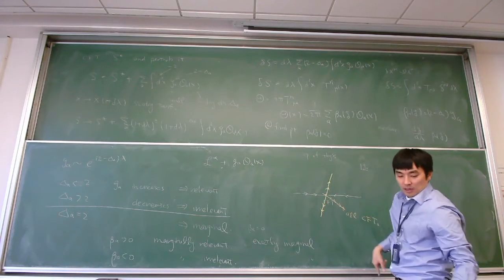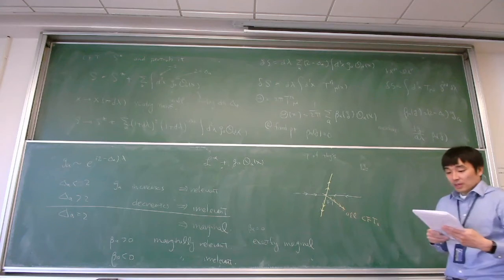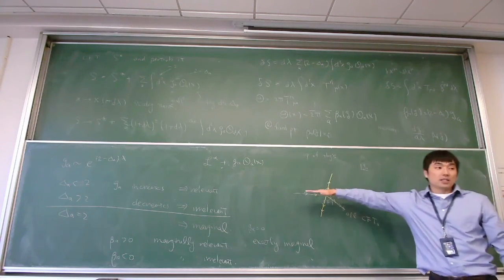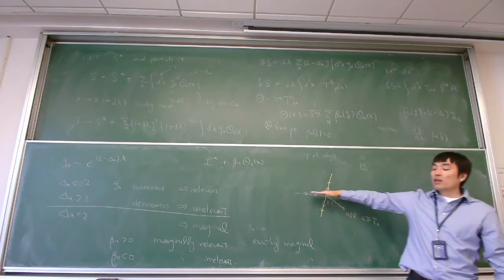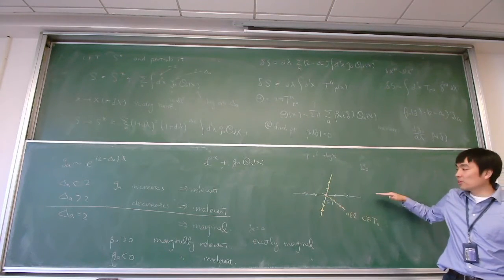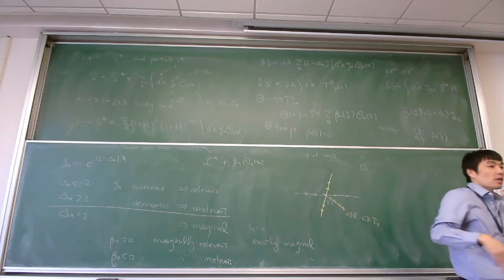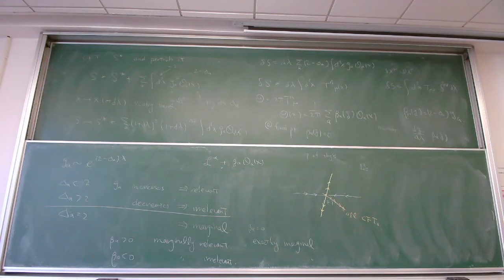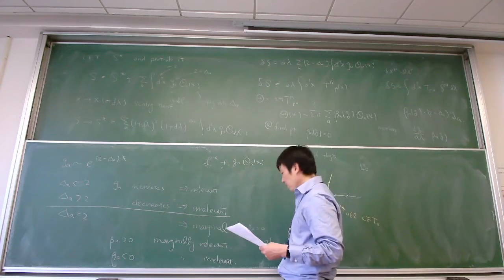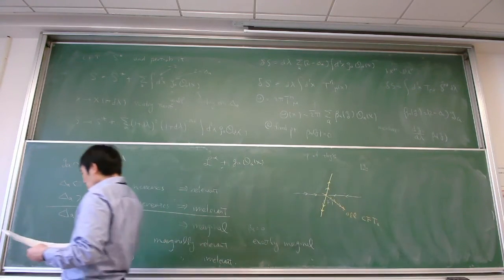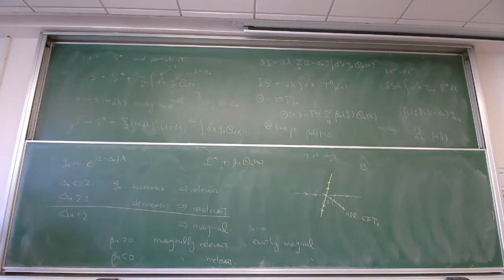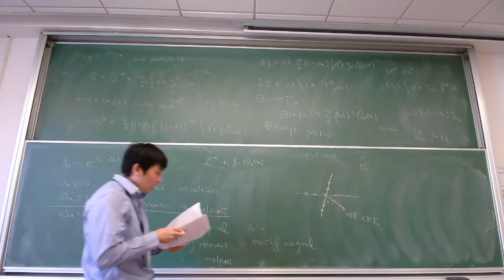So if you stay in this irrelevant deformation, everything flows to the same CFT. That's called universality, and this phenomenon occurs in any dimension. So let's talk about the Callan-Symanzik equation, which describes how the correlation functions behave under the RG flow.